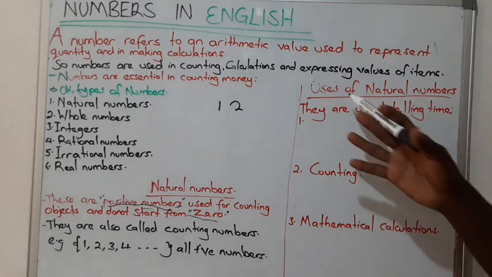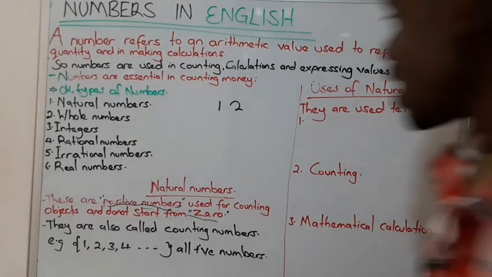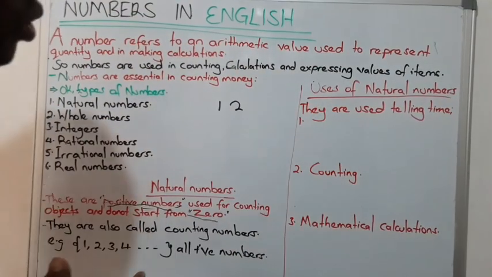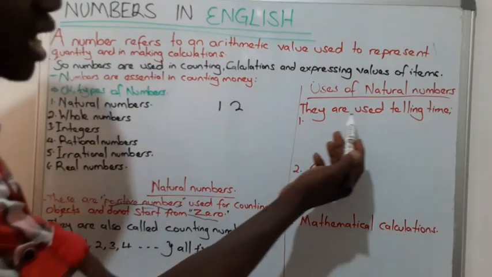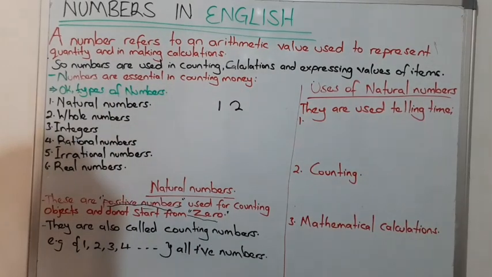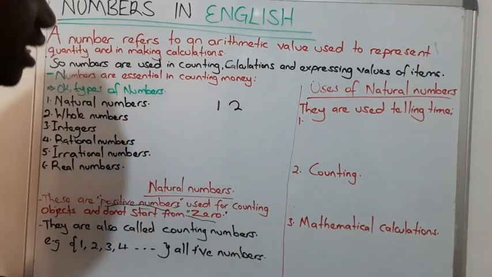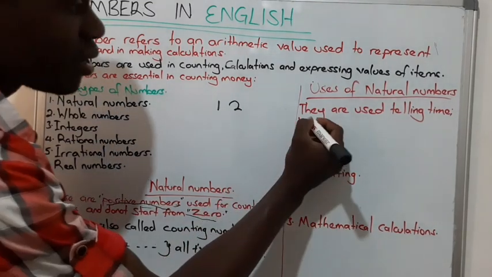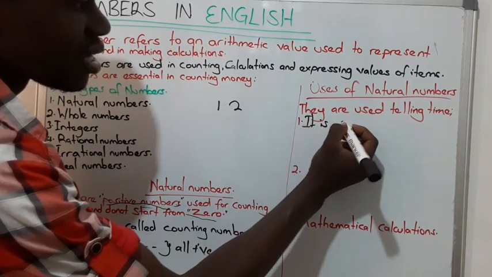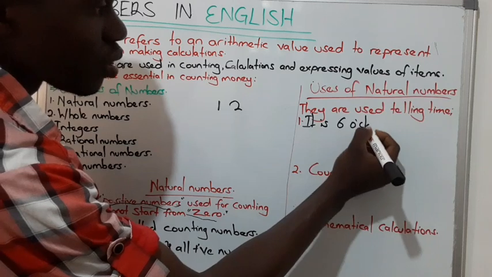Let's look at some uses of natural numbers. How do we use them? Natural numbers are used in telling time. For example, it is 6 o'clock.